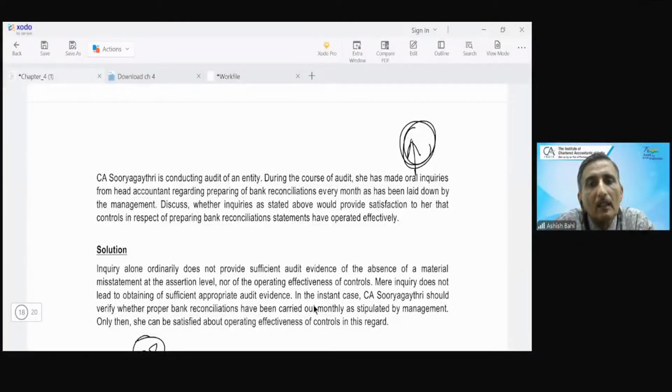So she should herself verify; she can inspect the record of bank reconciliations performed every month by the head accountant. Then she would be satisfied that what the head accountant is saying is indeed correct.